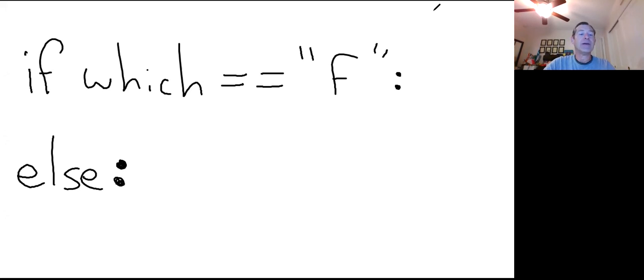Okay, so let's see if you were paying attention. In this memory spot, in this variable, there are 2 things that could be in here. What are they?